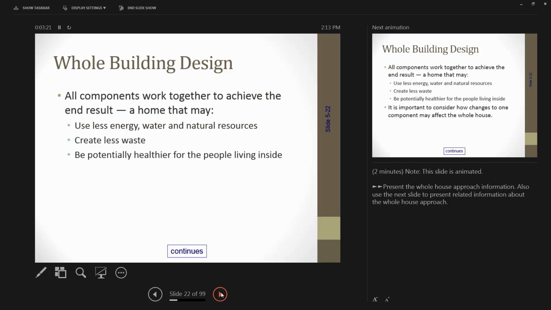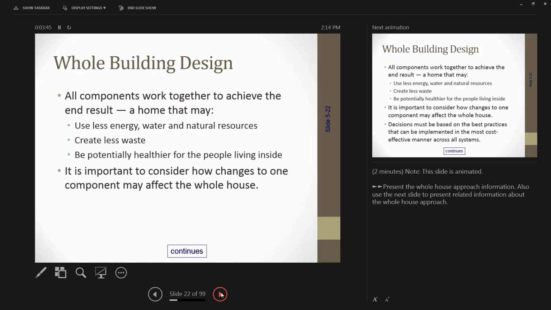The overarching concept of whole building design is that all the components work together and achieve an end result: not just a home, but a building that uses less energy, water and natural resources, creates less waste, and is potentially healthier for the people living inside.